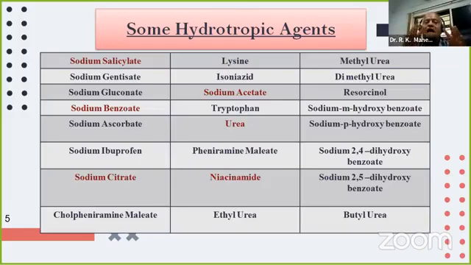As you know, in the term hydrotropic, hydro means water. It means solubility enhancement in water or aqueous solutions. It does not include solubility enhancement in propylene glycol or ethanol, only in water or aqueous solutions.